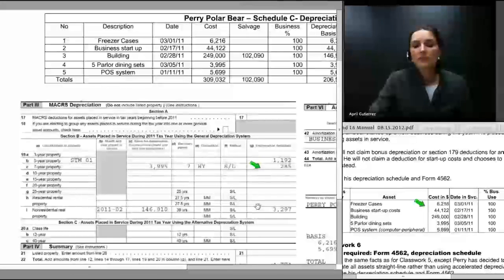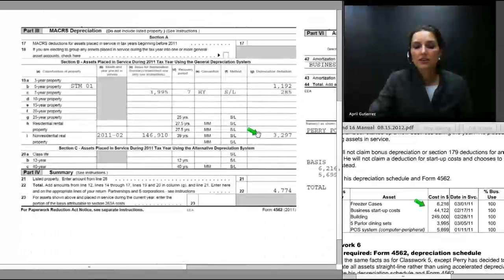The non-residential rental property has the same depreciation as in Classwork assignment number 5, which is $32.97. We add up our depreciation deductions on lines 19B, 19C, and 19I, and that gives us $4,774. So that completes the review of the Session 16 Classwork 6 answer key.